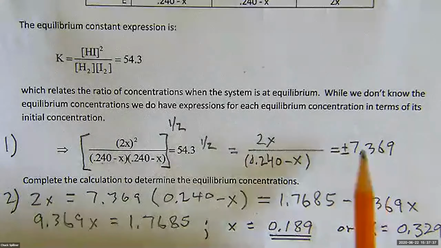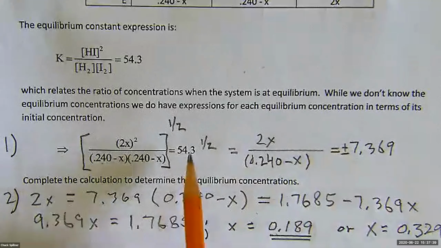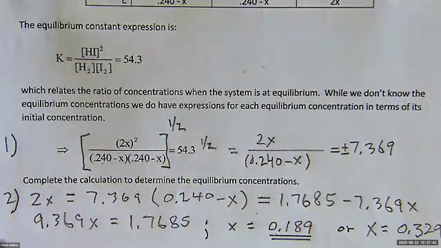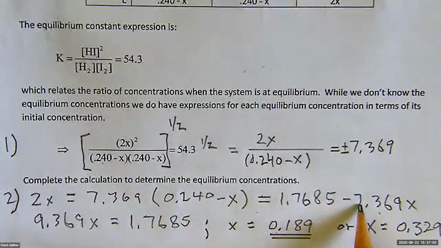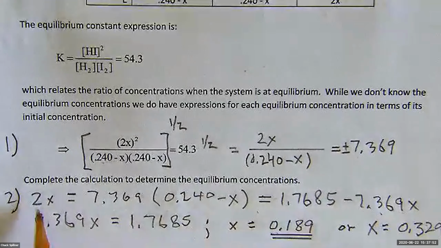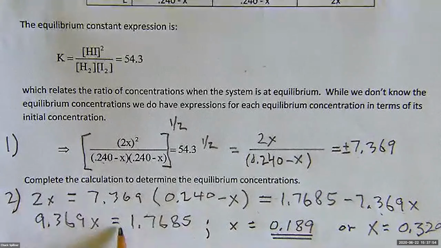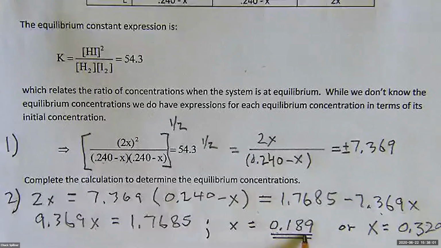Anyway, we're working with a plus 7.369 as the square root of 54.3 right now. So if we continue to solve for x, we add 7.369 to both sides. So we get 9.369x equals 1.7685. Solving for x, we get 0.189.